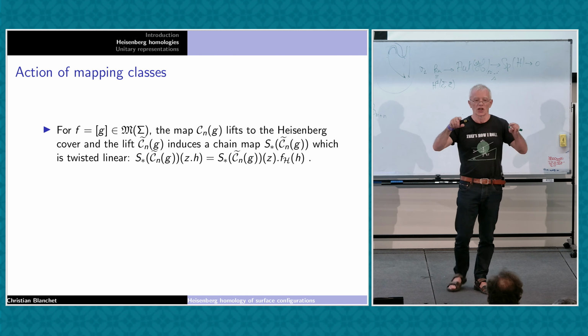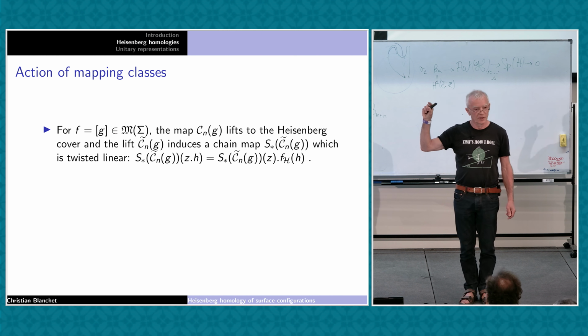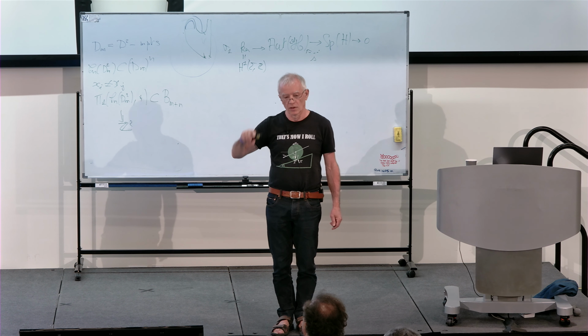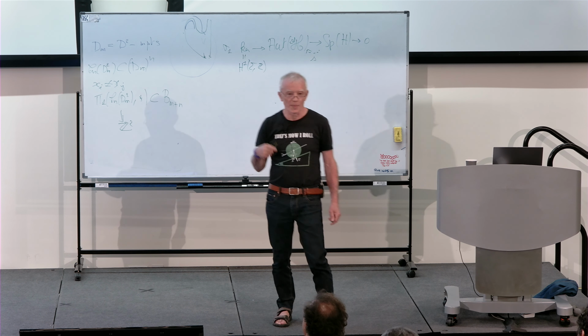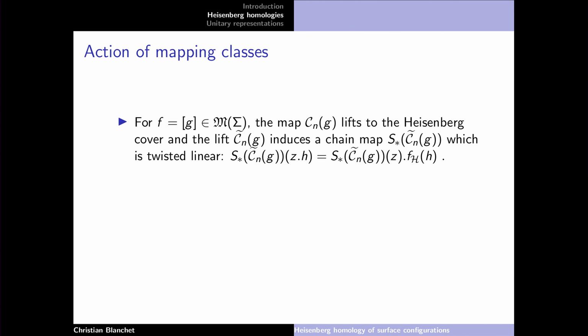And this induces a chain map by functoriality. However, this chain map will be Z-linear if we are starting with a complex over Z. But with respect to the Heisenberg action, it will be twisted linear, because we saw that the mapping class is acting on the Heisenberg group. So we get something which is twisted linear. And this is the formula.